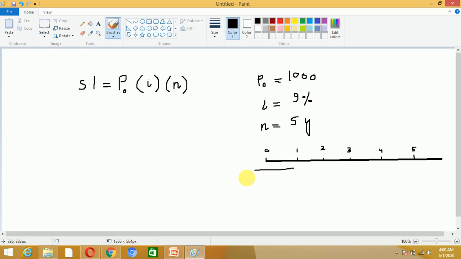Now we deposited how much? 1,000. What is the rate of interest? It is 9%.